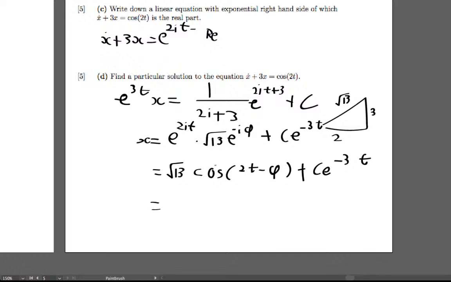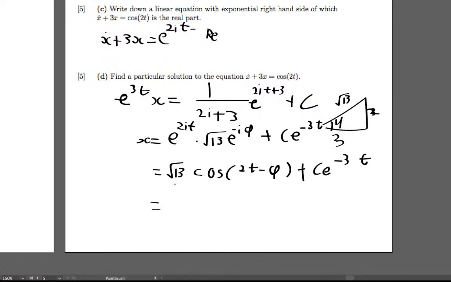Let's compute the cosine of phi. Wait, no, this is 2, this is 3. That was safe. So when you calculate phi here, that would be 2 over the square root of 13.